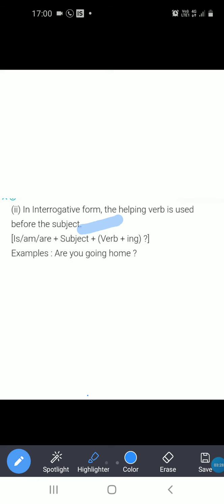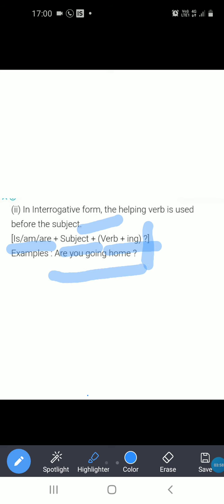When we are asking, this auxiliary verb comes in front, at the beginning of the sentence, because it works in the sense of a question mark. Okay, like is, am or are, then subject, then verb plus ing. Okay, and the question mark is very important in the interrogative form.